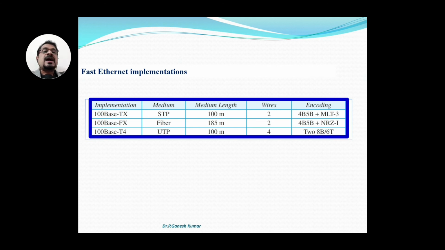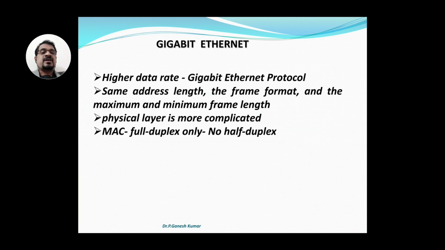And 100 Base-T4 uses unshielded twisted pair cable with 100 meters and 4 wires, all bidirectional, so we can achieve 100 Mbps in fast Ethernet.